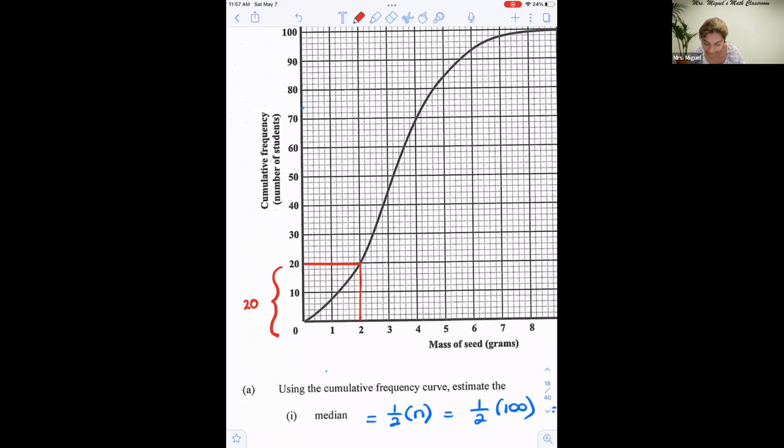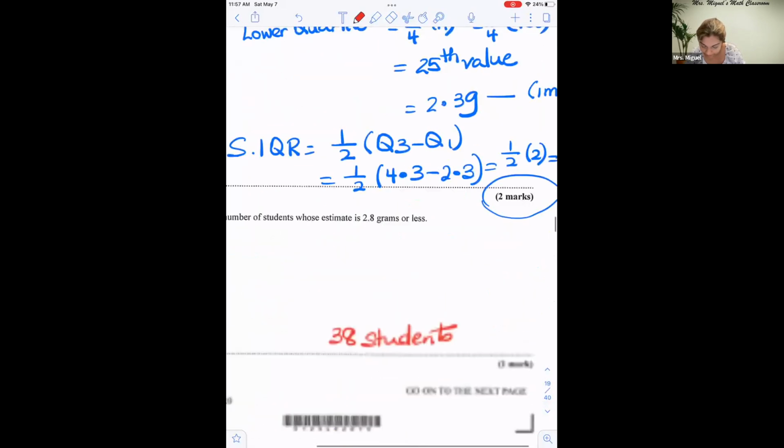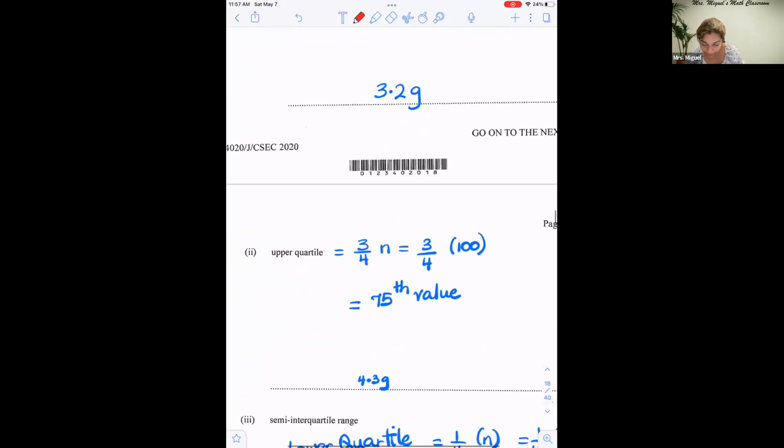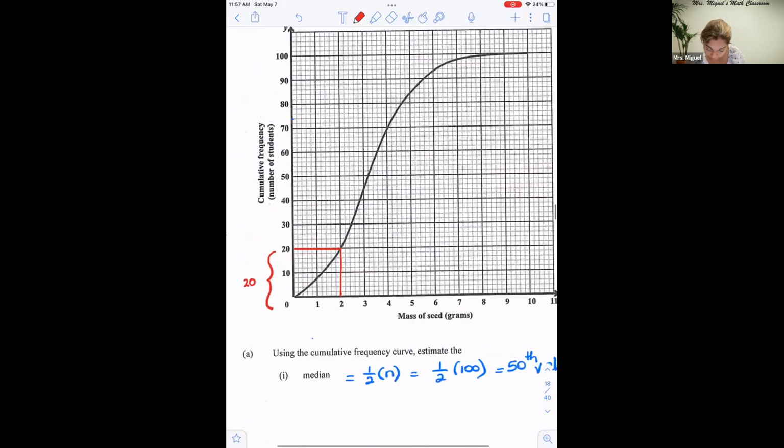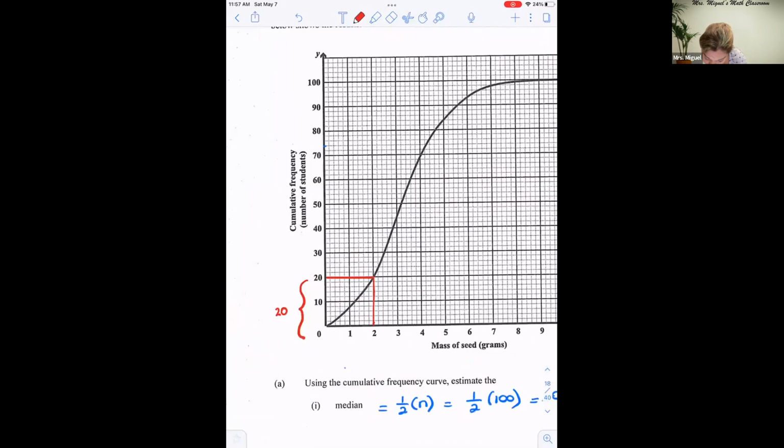Right? We're going again. 2 to 4 now. So we're going up to 4. 2 to 4. This value here is how many? 68. 68.